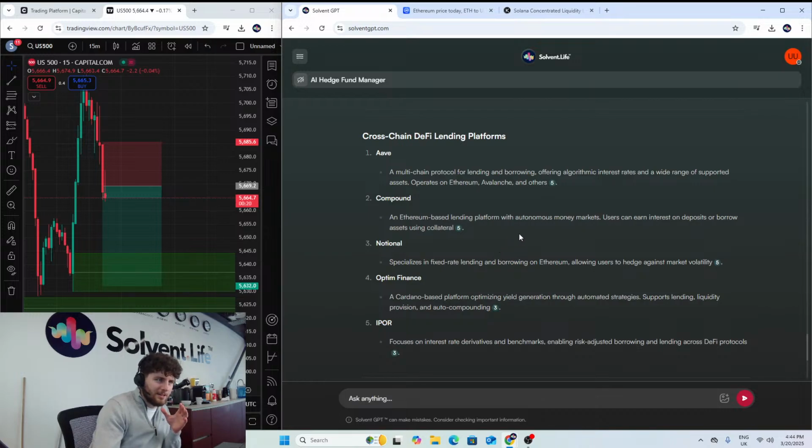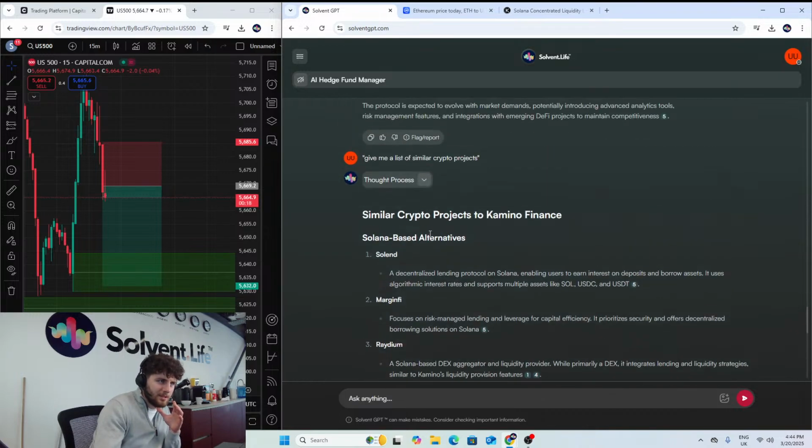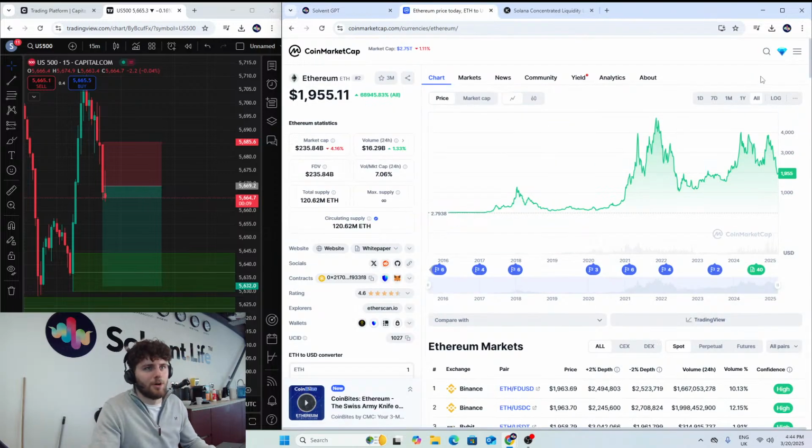Now this is exactly what I needed. Similar crypto projects. Margin Fi. Okay, this is a good list. Okay, I can work with this.